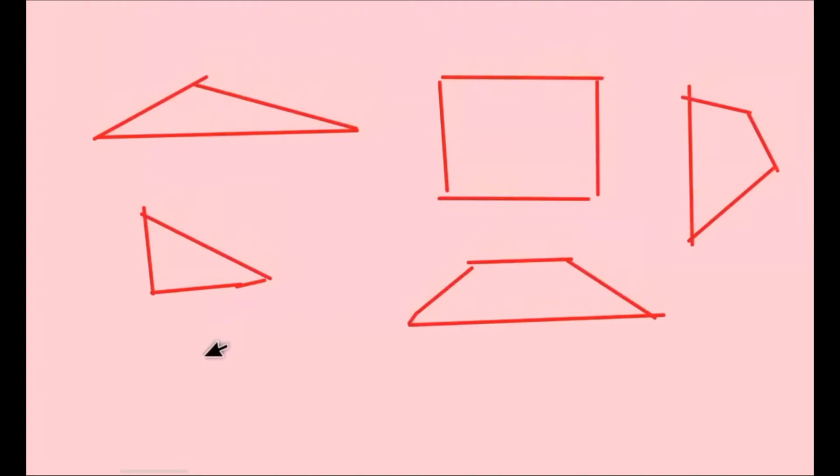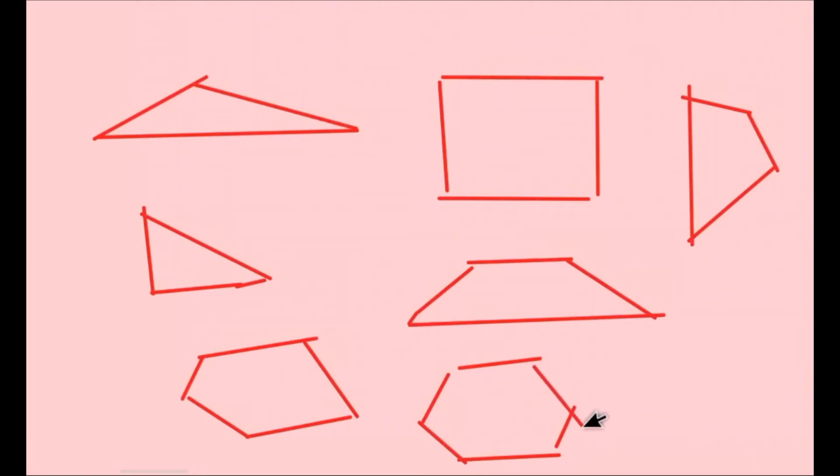Also we can measure shapes of another type: 1, 2, 3, 4, and this is the 5. This is the pentagon. Pentagon means 5. Let us find the area of this shape. This one is a hexagon. Hexagon means 6.